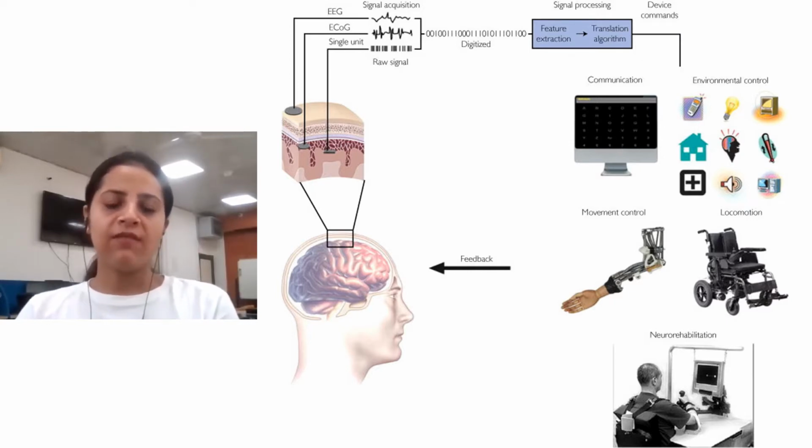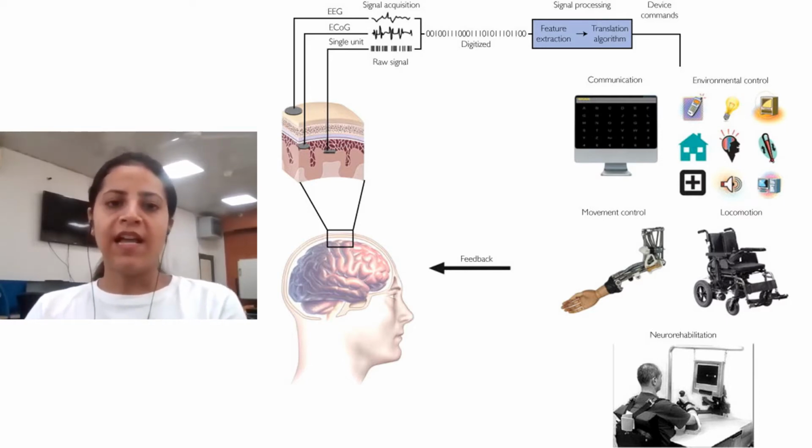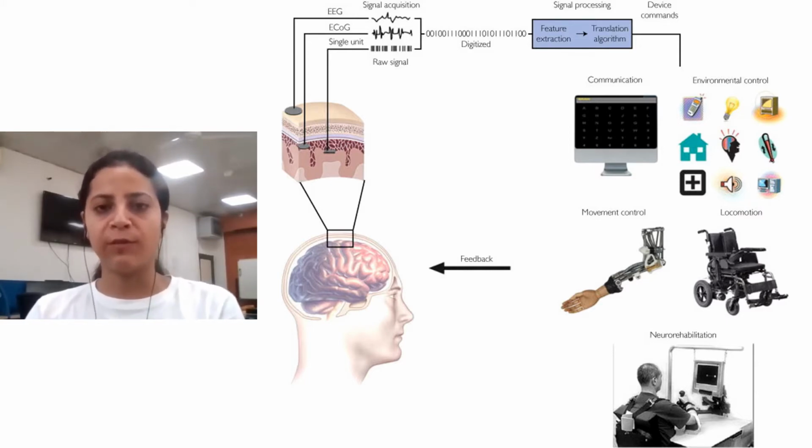Once we have acquired the signals, we convert them into digital form, and then we can apply signal processing algorithms like feature extraction and translation algorithms. In this block, we convert our thoughts into meaningful commands.